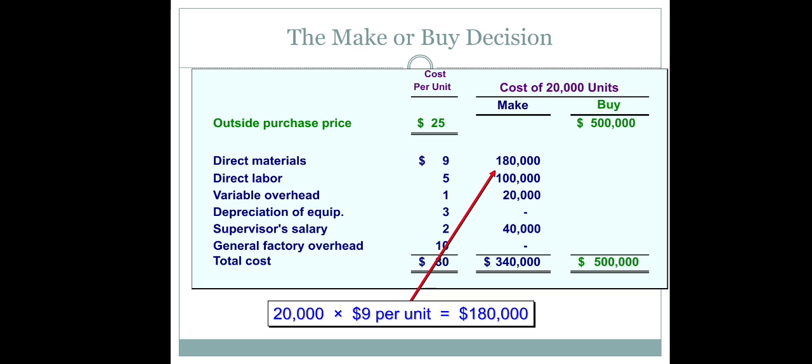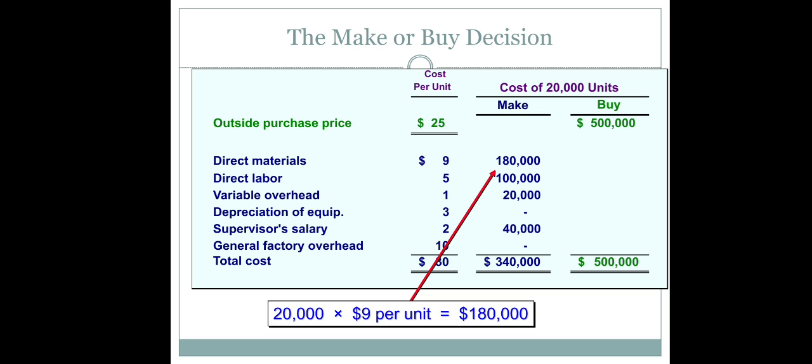If the business stops making the part 4A, then the business doesn't have to pay the direct material cost. That is why it is relevant. If you can't understand that, check the definition of relevant cost in the previous lecture. Now there is one relevant cost. It is $180,000, because 20,000 times $9.